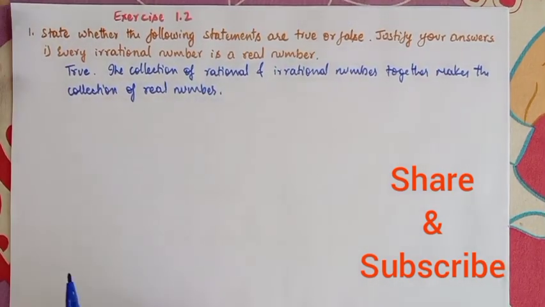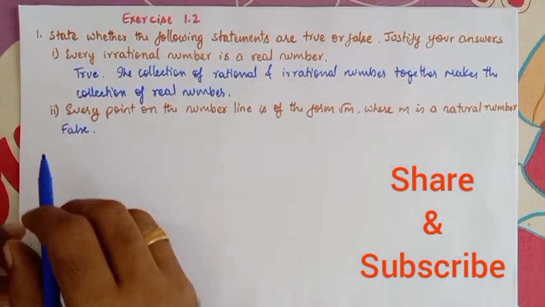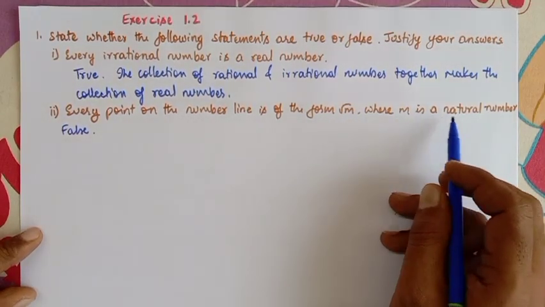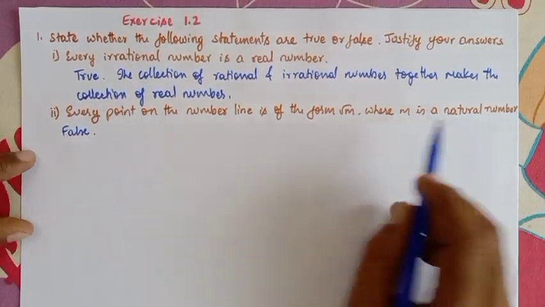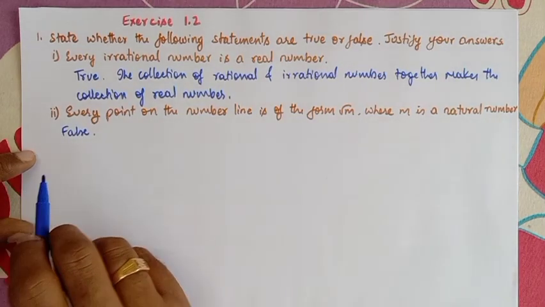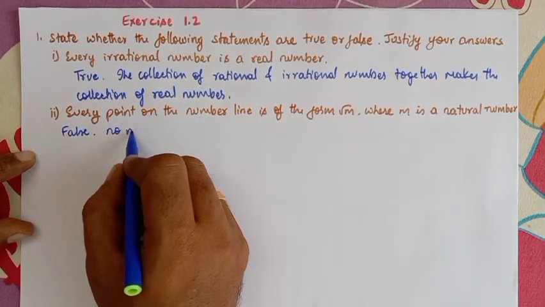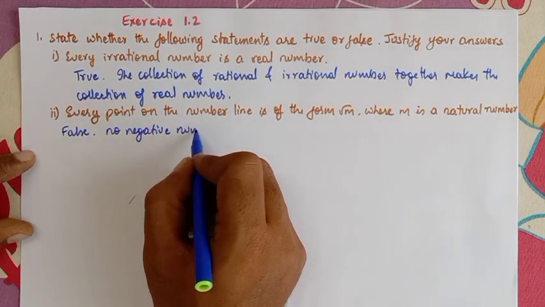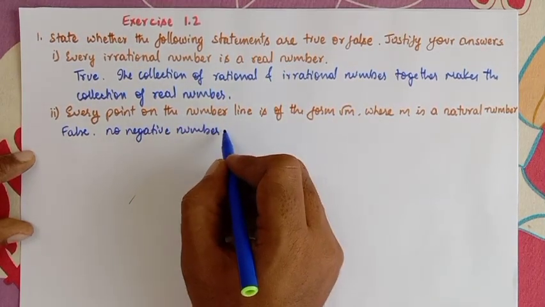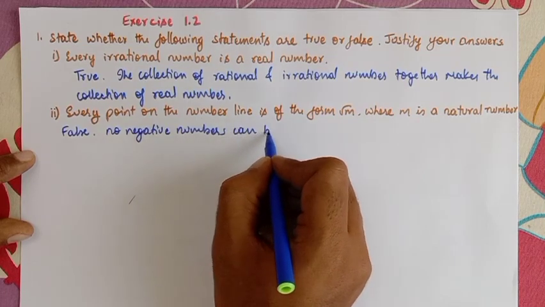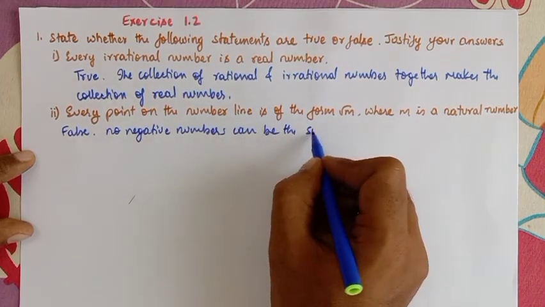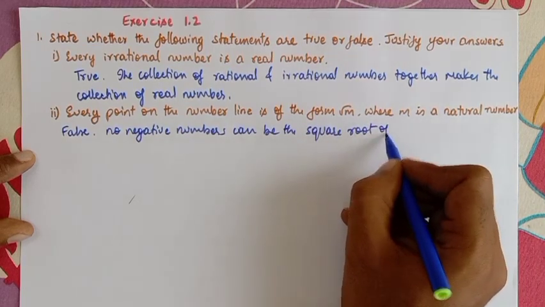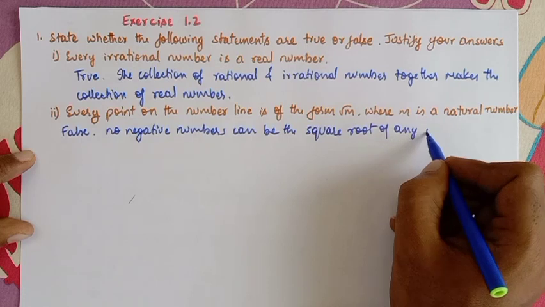So it is true. Second one: every point on the number line is of the form root m, where m is a natural number. This one is false, as no negative numbers can be the square root of any natural number.